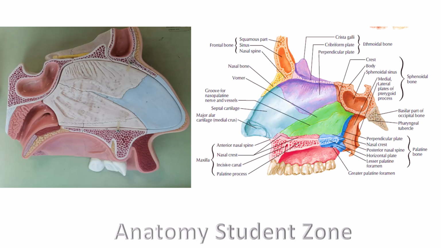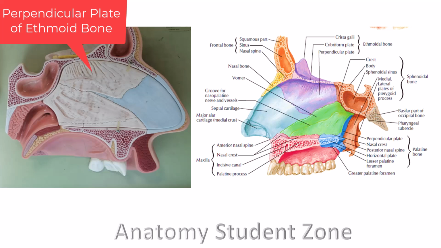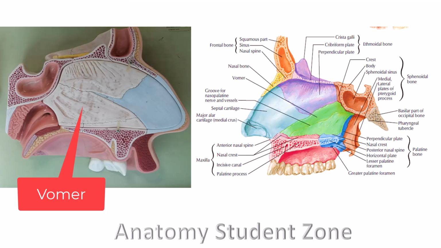You can identify that the bony part of the septum is mainly formed by two bones, and I'm sure you can identify these are the ethmoid bone and vomer bone. So this is the perpendicular plate of the ethmoid bone that forms the nasal septum superiorly, and this is the vomer bone that forms the nasal septum inferiorly or postero-inferiorly.